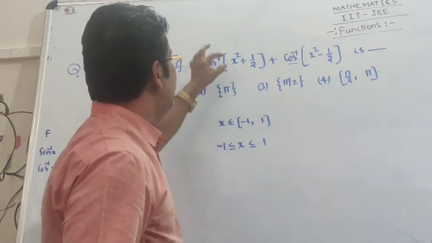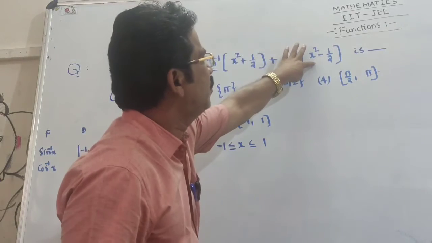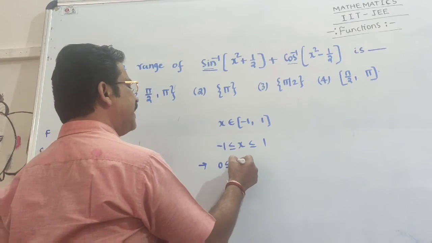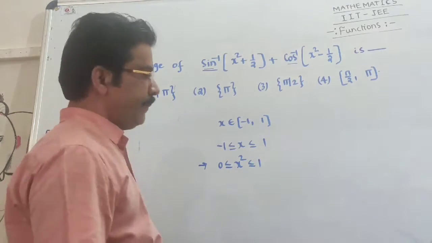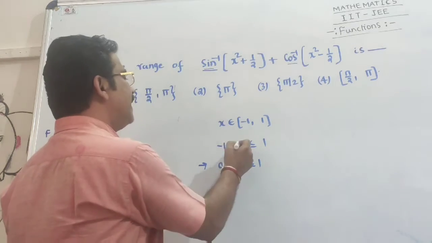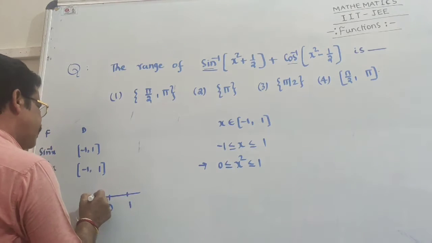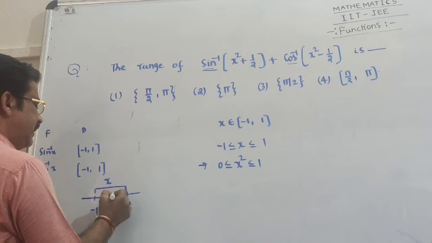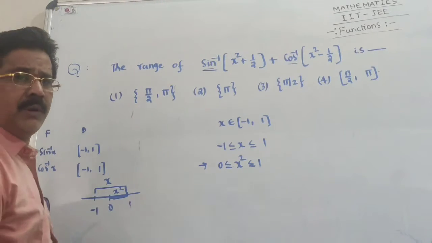Gradually, first I am getting this value x square plus 1 by 2. Later x square minus 1 by 2. So it follows that 0 less than or equal to x square less than or equal to 1. Remember, it is not taking square throughout the inequation. Whenever x lies between plus 1 and minus 1, then x square will be only 0 to 1, non-negative area.